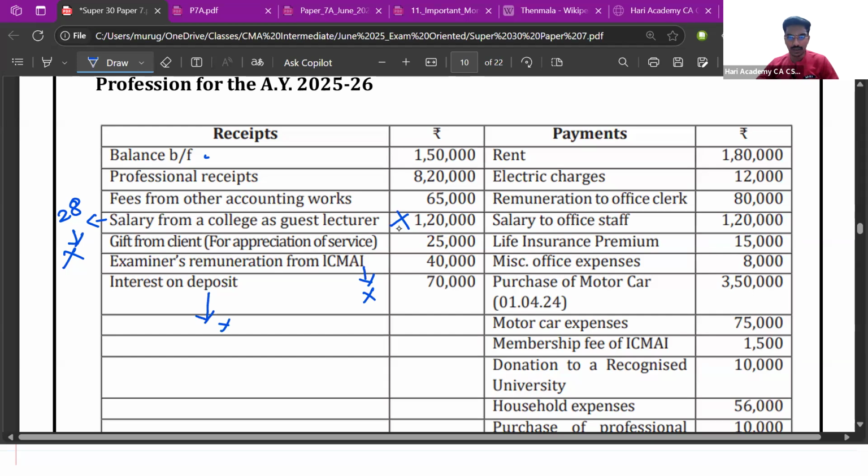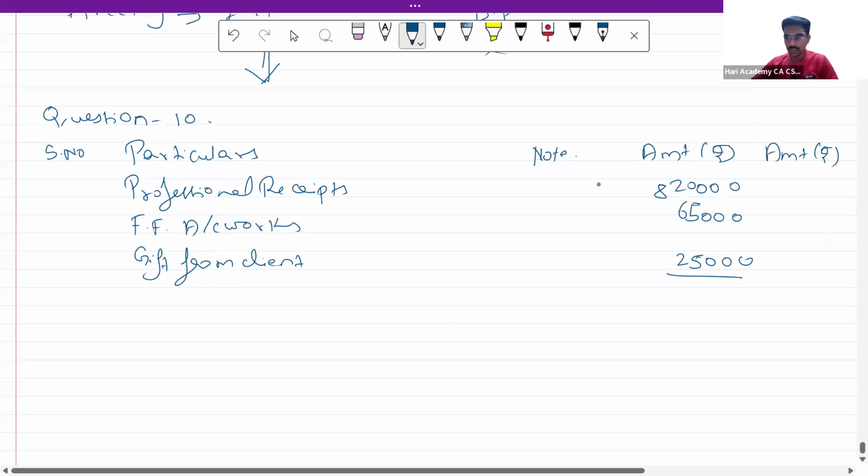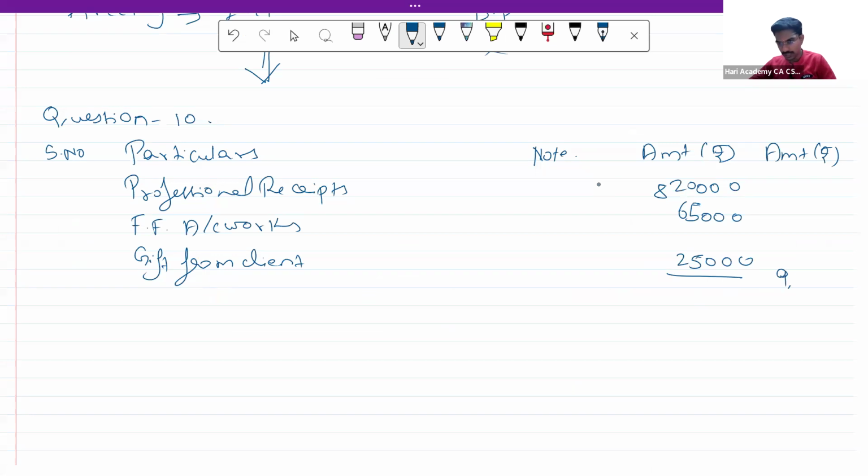So all these three, 1,20,000, 40,000 and 70,000, are taxable under the head income from other sources, and not under income from PGBP. The question asks us to specifically compute income from PGBP. So closed. The total comes to 9,10,000. This is my total income.